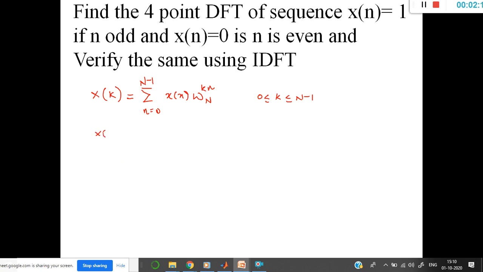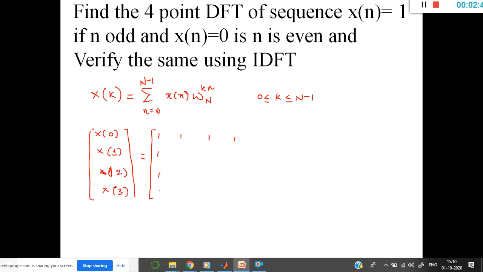How do we solve this? This is a 4-point DFT, as N equal to 4, so we are going to get 4 values of x of k, that is x of 0, x of 1, x of 2 and x of 3. These are the 4 values that I am going to get here, right? I already explained how to write this matrix.